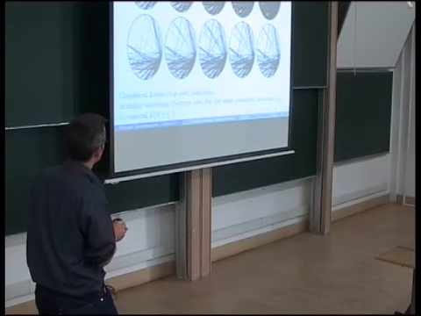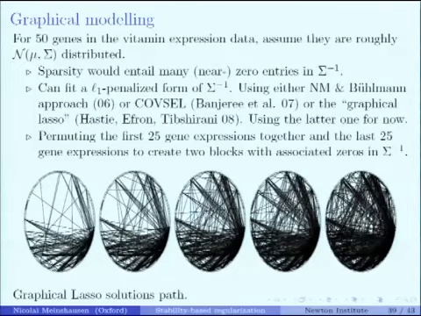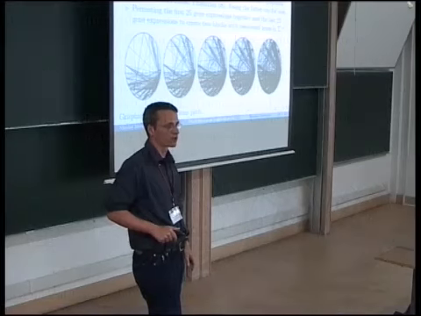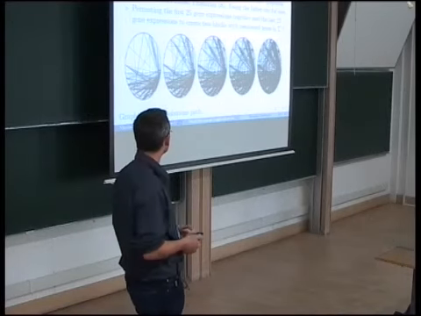If you assume the data are multivariate normal, then you can say what is the inverse covariance matrix, and then you want to look for the important entries in that inverse covariance matrix, which, if you plot it as a graph, give you the edges in the corresponding graphical model.